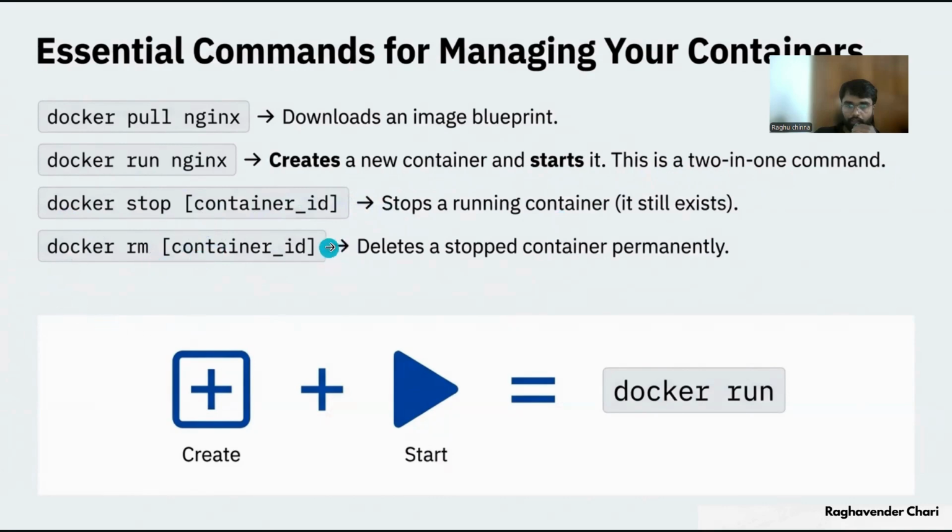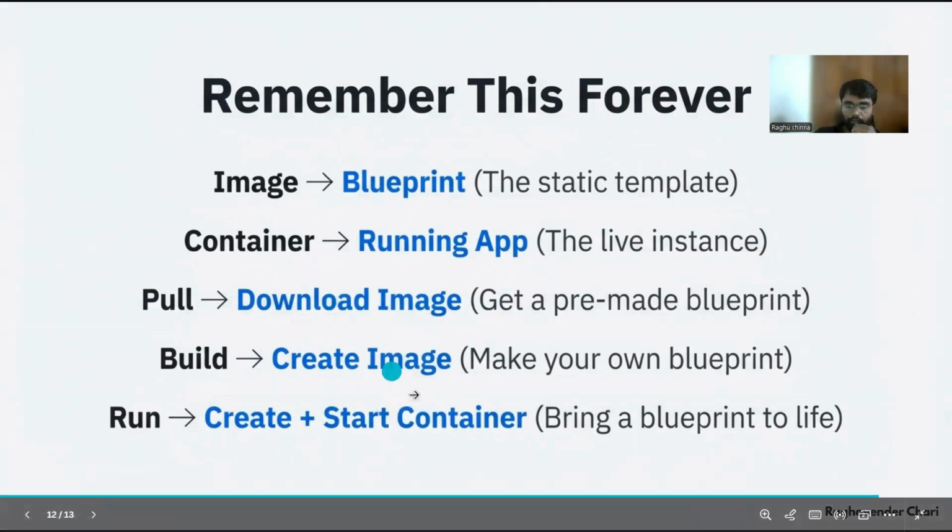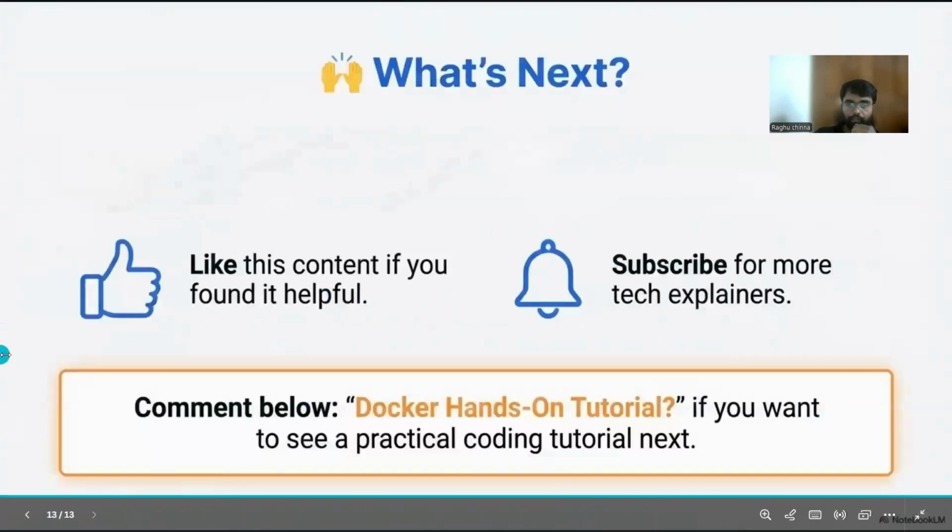And docker rm with the container ID will delete it permanently. So remember these things: an image is a blueprint, a container is a running application, pull downloads an image, build creates a new image, and the docker run command creates plus starts a container, bringing your blueprint to life.